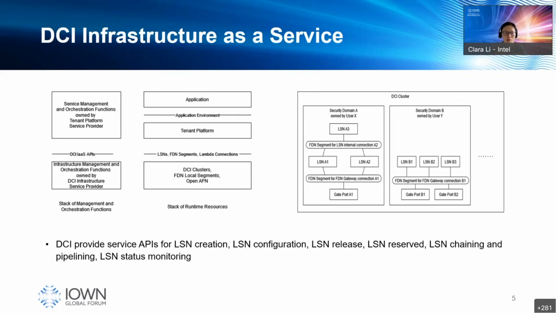The DCI system provides the mechanisms for LSN creation, configuration, release, resolve, pipelining and training, and status monitoring. It also provides APIs for the tenant platform to use the infrastructure service that the system provides.